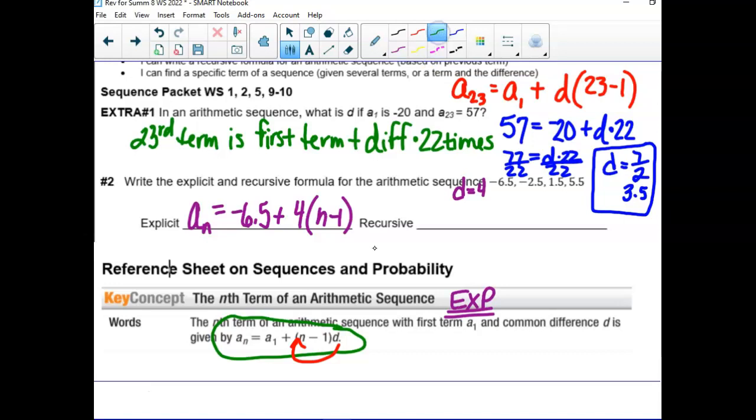All right. When you see recursive, that's the one where you have to think like explaining it to a 5th grader. If I was explaining this sequence to a 5th grader, I would say, well, they started with negative 6.5, and then they were adding 4. The fancy notation we have to use is any term is the previous term plus 4.